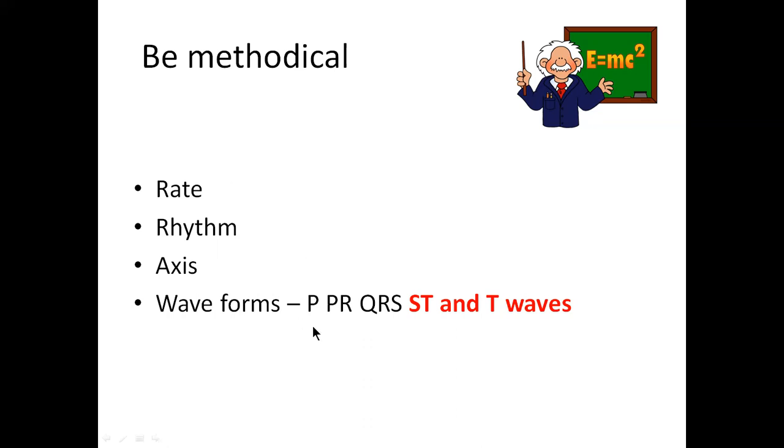First we looked at the P wave, decide whether it's normal or left atrial enlargement or right atrial enlargement. Next we looked at the PR interval. And then we looked at the QRS, the size and the morphology. So in our next video, we will be looking at the ST and the T wave.